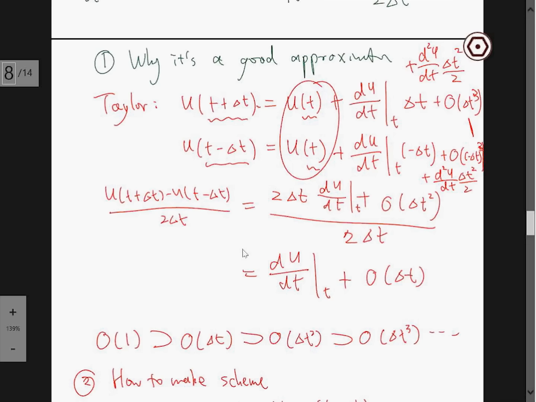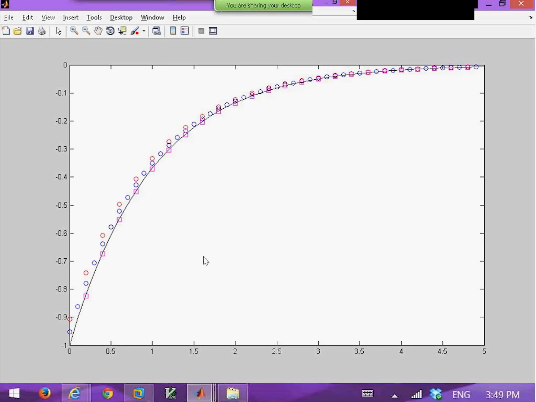So it is order 2. Here I can modify this to delta t cube because the square terms cancel each other, and here is going to be square. And we see that by actually observing the increased accuracy.